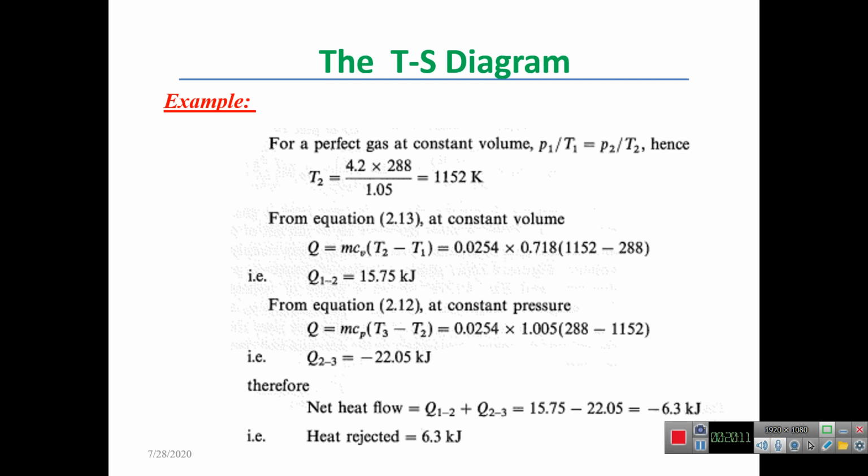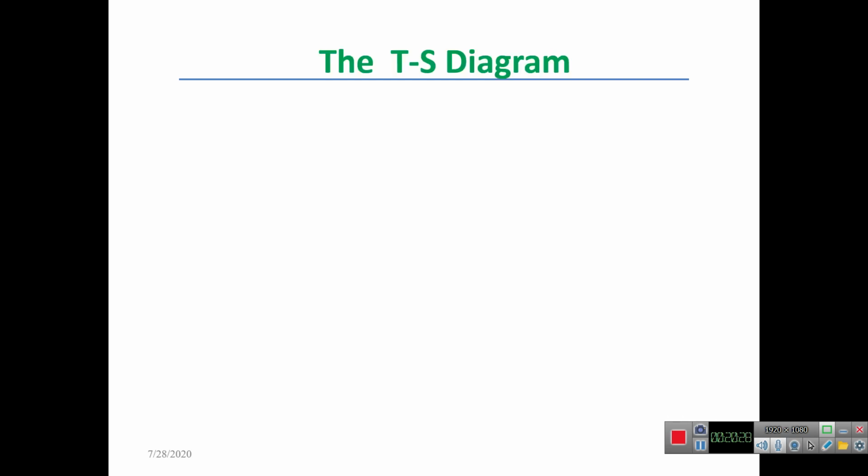The negative sign indicates that the heat is being rejected. So the net heat flow during the whole of the two processes, that is process 1 to 2 and 2 to 3, is a heat being rejected, which is equal to 6.3 kilojoules.